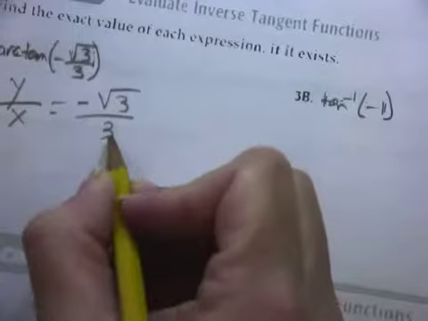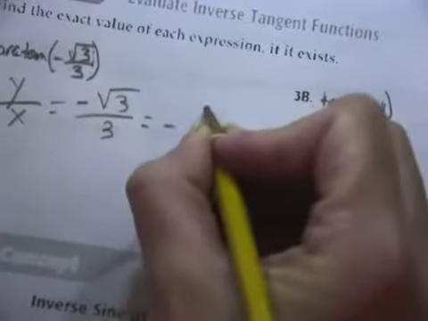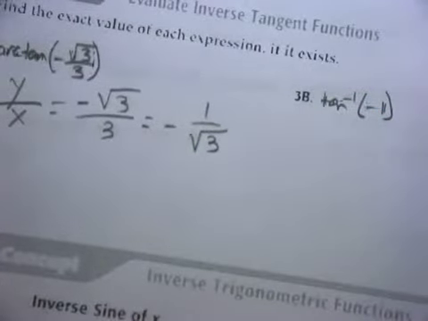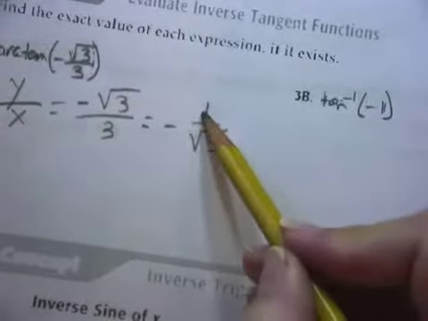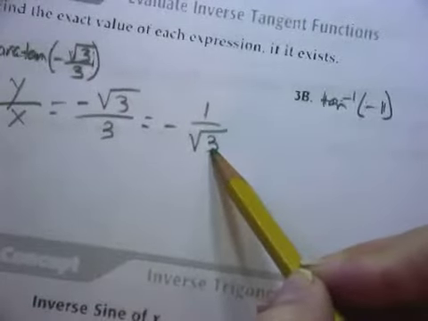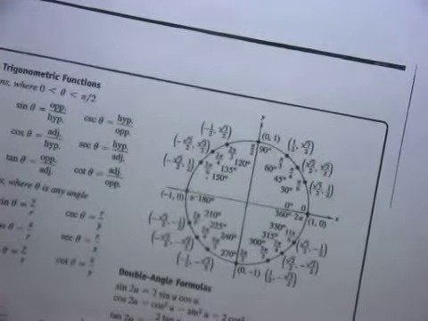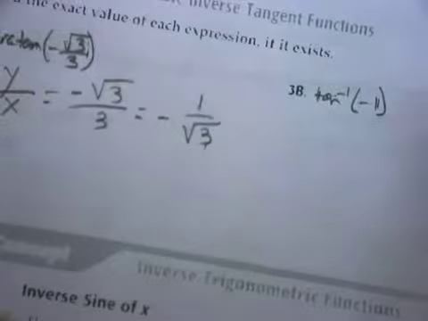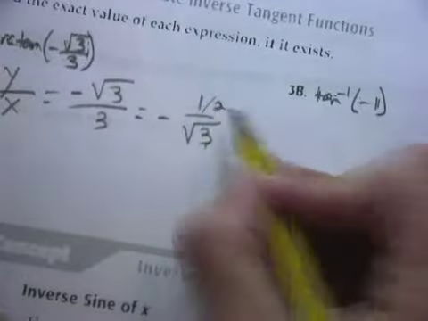Okay, so something that we want to realize initially is that negative radical 3 over 3 results from a simplification of negative 1 over radical 3. All right, so a 1 maybe I'll find on my unit circle, but a radical 3 I still won't. That's a value that's greater than 1. So look at your unit circle and notice that there are a lot of values over 2.